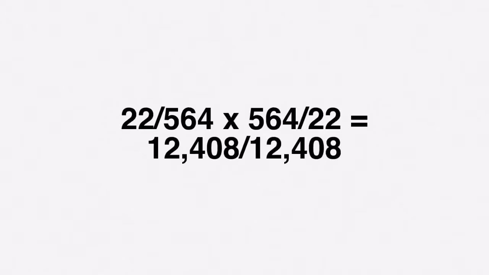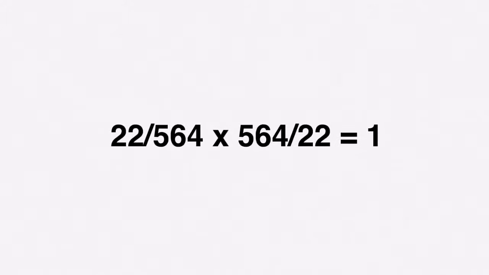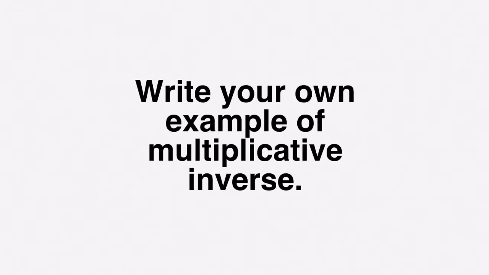Now, if I'm choosing 12,408 parts out of 12,408 pieces that make a whole, then I've just chosen the whole thing, which is equal to 1. I want you to take a moment now and write out your own multiplicative inverse example.